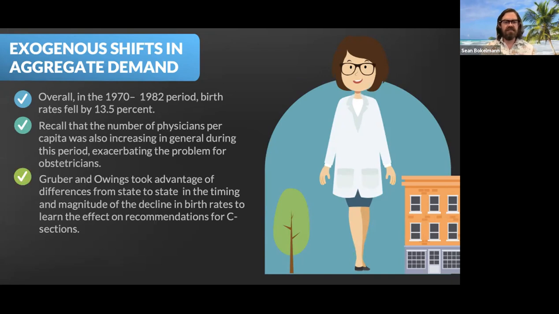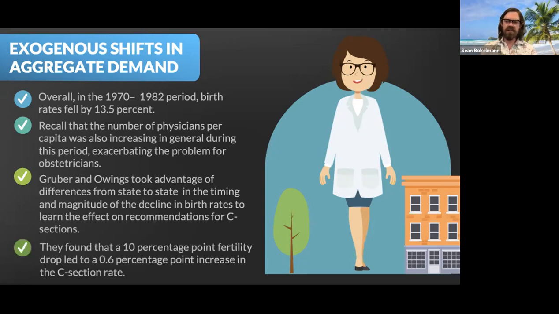So they took advantage of differences in the state to state timing and magnitude of the decline in birth rates. The decline in birth rates varied from state to state, and they used that information to learn about the effect of those decreases in demand on the recommendations for C-sections. And they found something pretty interesting. They found that a 10 percentage point drop in fertility led to a 0.6 percentage point increase in the C-section rate, which is counterintuitive, right?